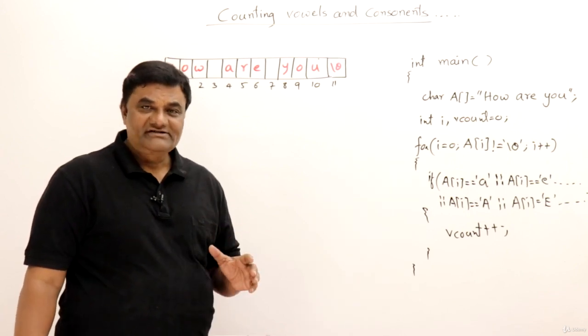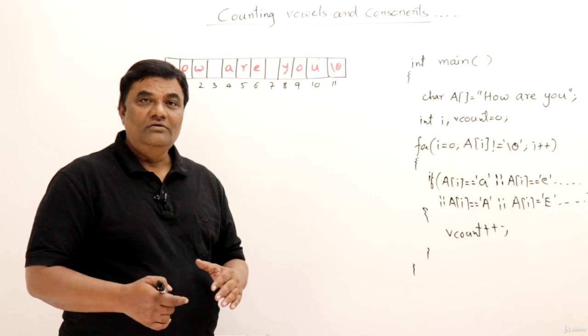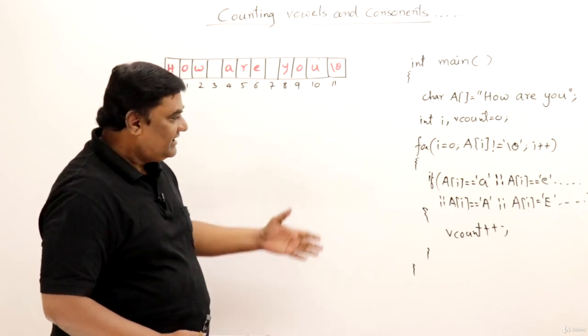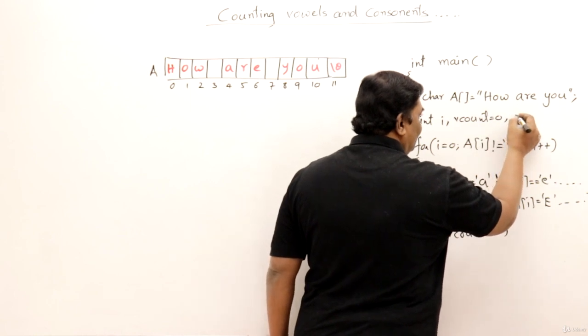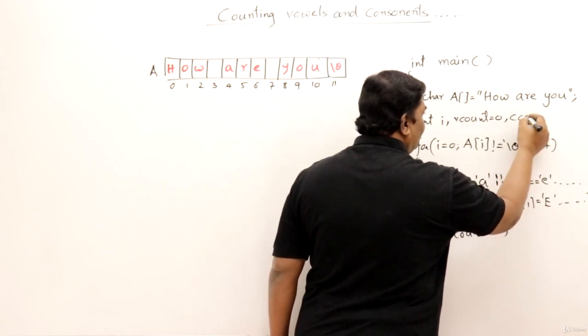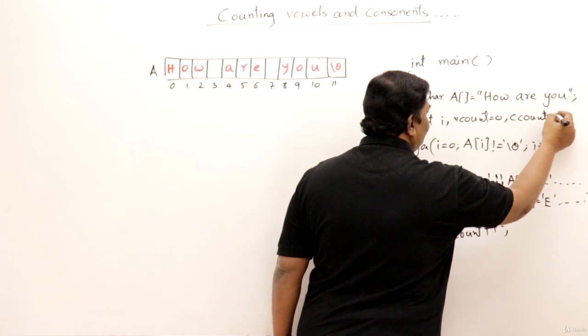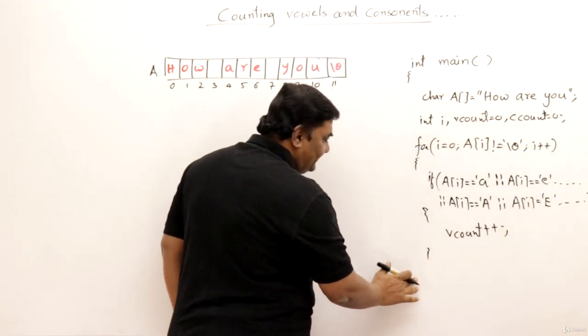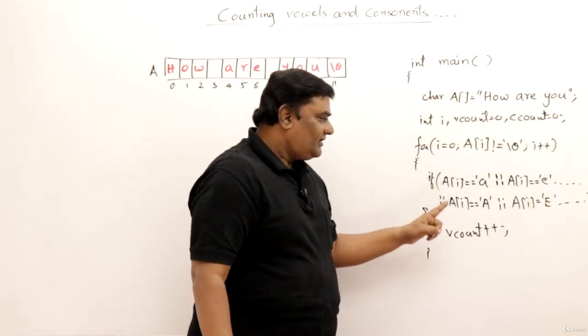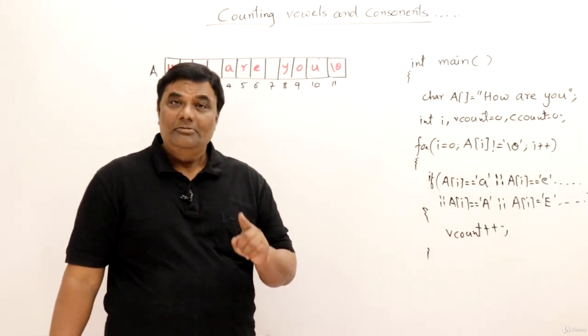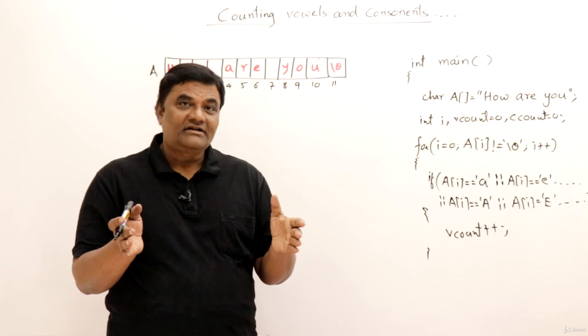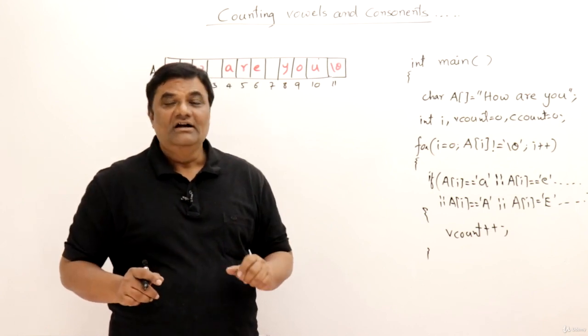This is one thing. Next, suppose I want to count consonants also, then inside the same program I can include one more counter, that is for consonants. So C count, that is consonants, I will initialize to 0. Then here, if it is not a vowel, then it may be a consonant, but it must be within the range of alphabets.